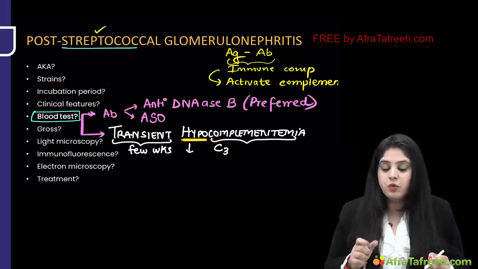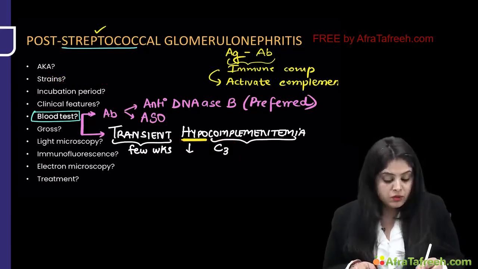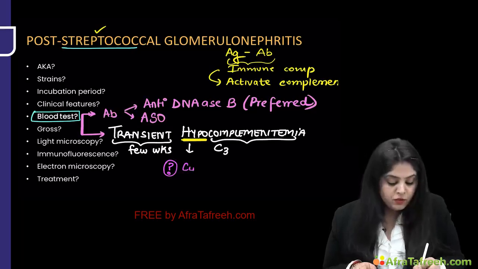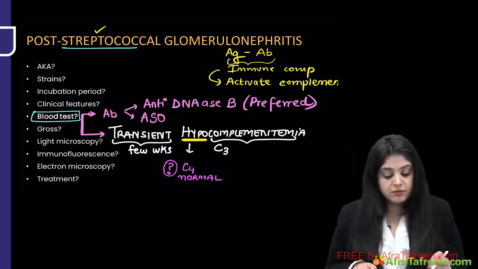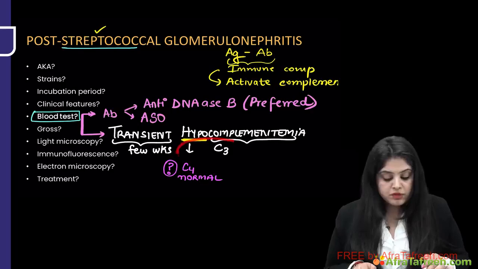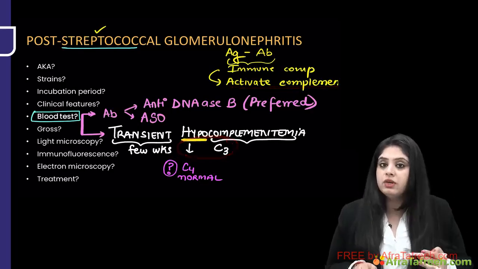Now, there's one extra edge point that I want to tell you. Although all the complement levels go down, for reasons unknown, C4 levels tend to remain normal. Like I said, the exact reason for this is not known, but C4 levels tend to remain normal. The most important point is that because so much complement is being activated, the complement levels will go down.